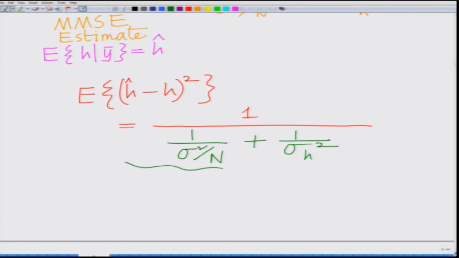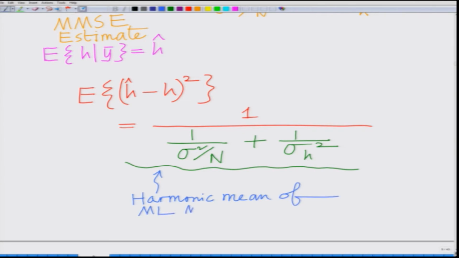This is the harmonic mean of the ML mean squared error, sigma square divided by n, and the prior variance, sigma h square.